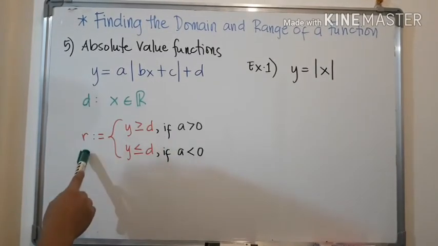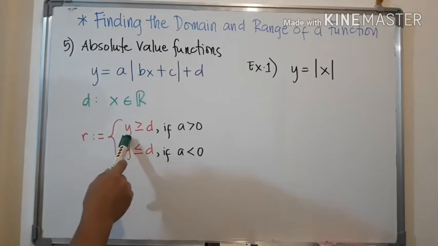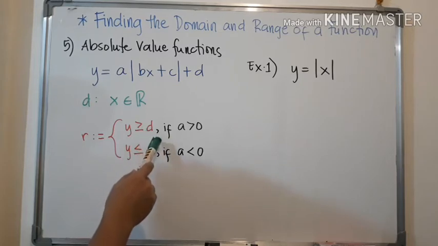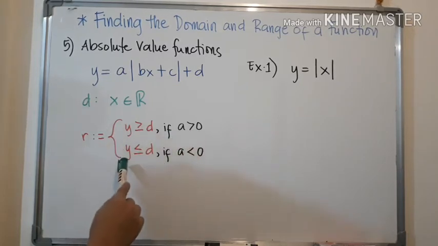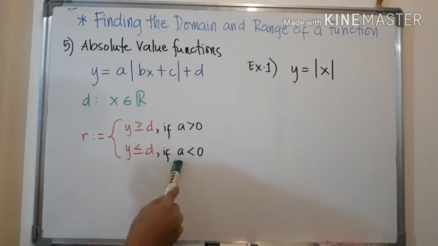And the range, there are two cases. First, the range is the set of all y's greater than or equal to d if a is positive, or the range is the set of all y's less than or equal to d if a is negative.